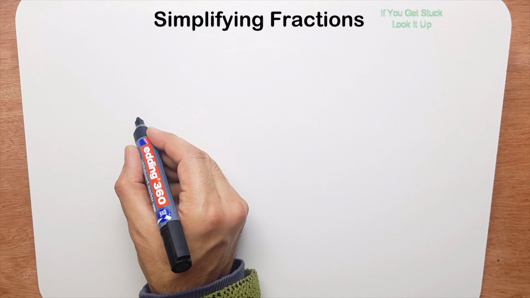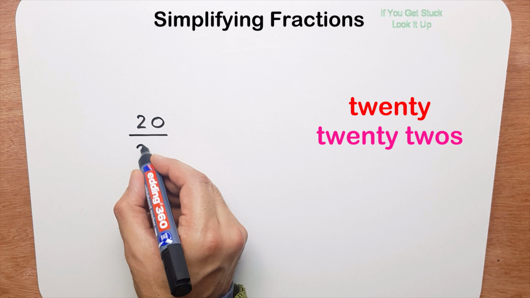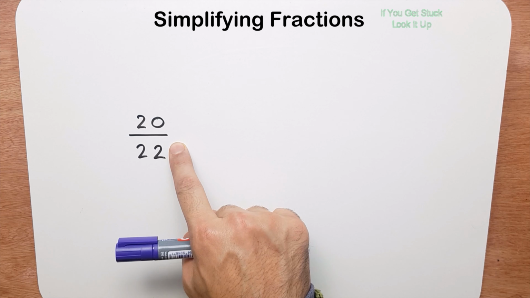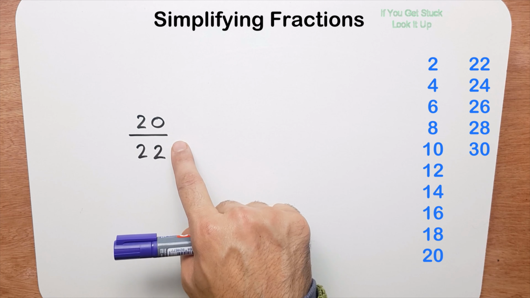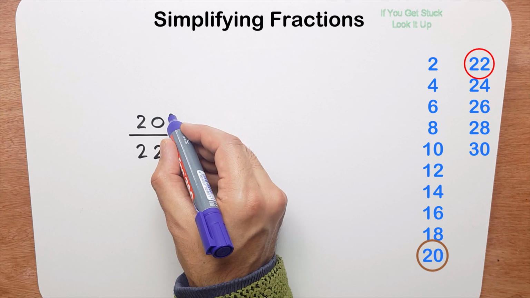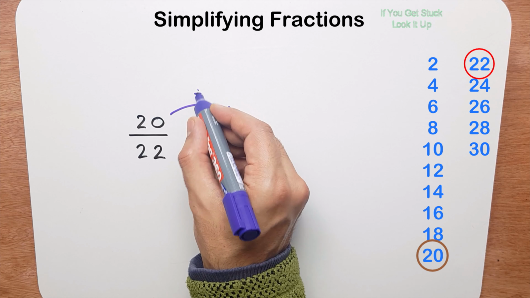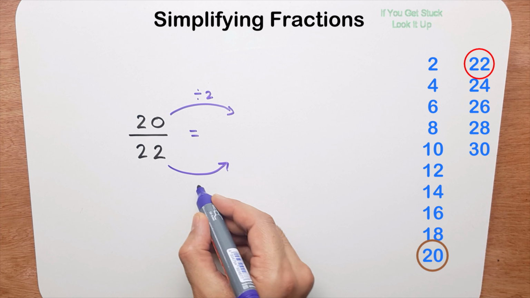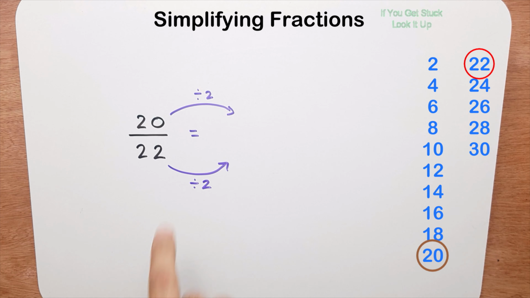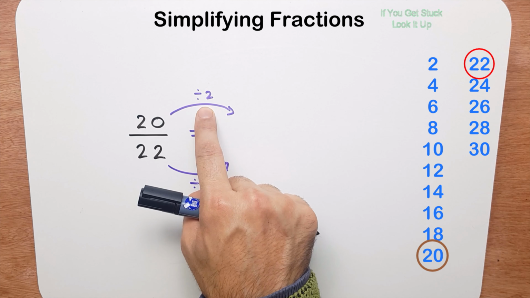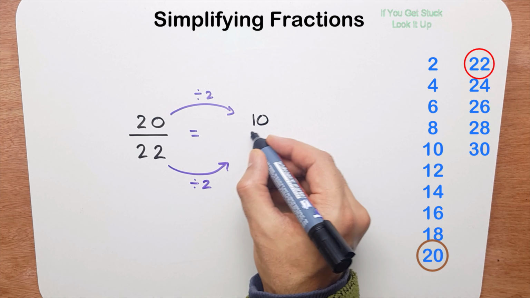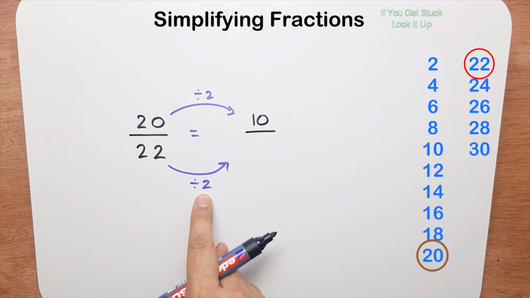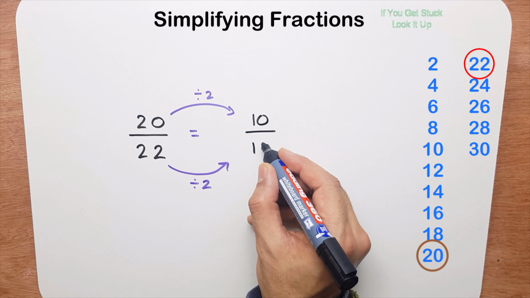My next question is 20 22nds. I can see that they're both even numbers and they're both in the 2 times table, so I can divide the numerator by 2, and whatever I do to the numerator I have to do to the denominator. 20 divided by 2 is 10. 22 divided by 2 is 11.